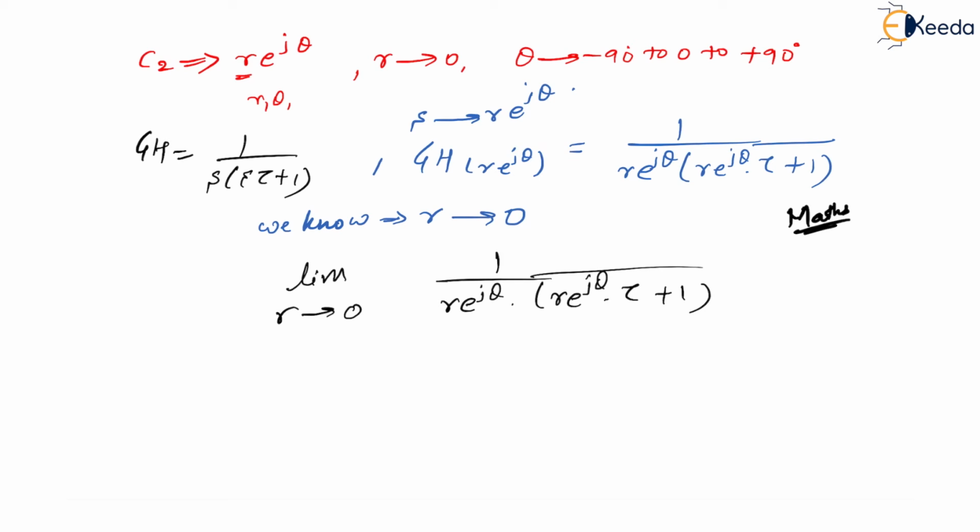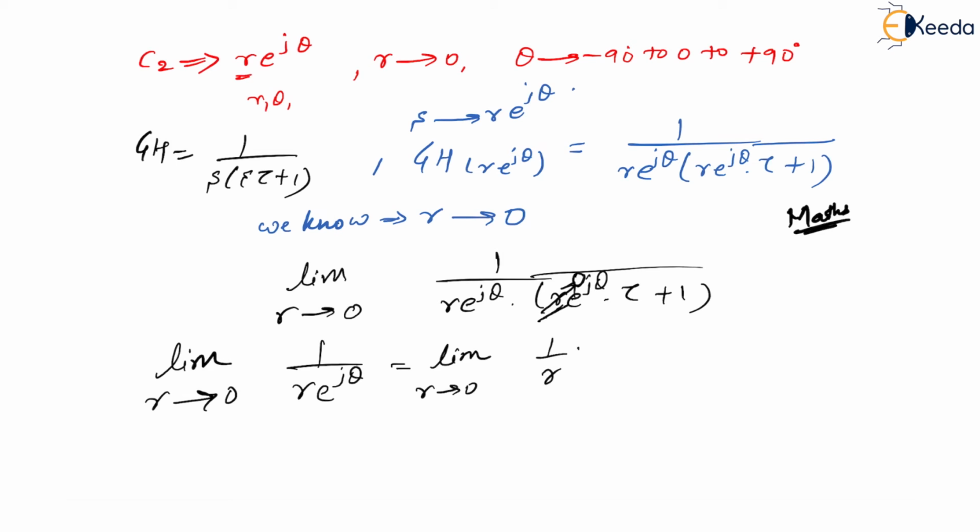So this particular term can be made 0; here you can put r equal to 0. What you are left with is limit as r tends to 0 of 1 upon r into e to the power j theta, which I can also show as 1 by r into e to the power minus j theta.